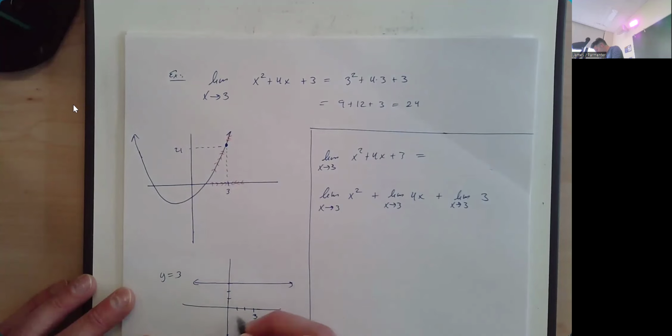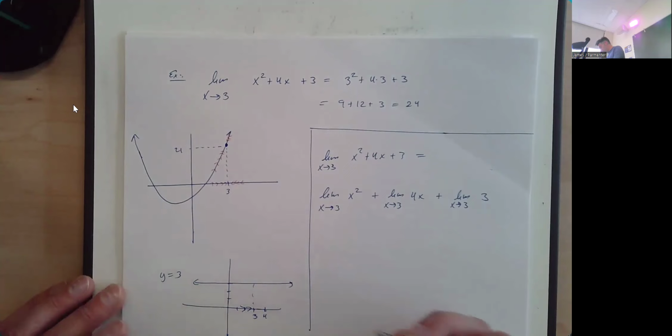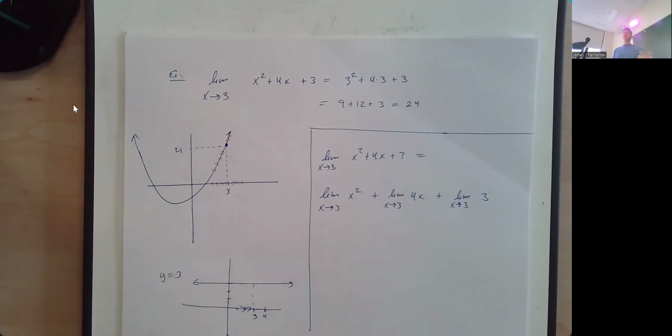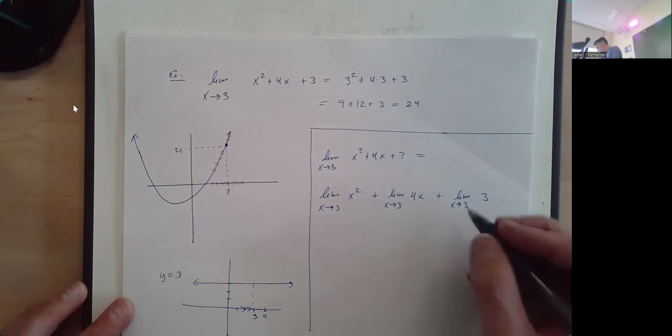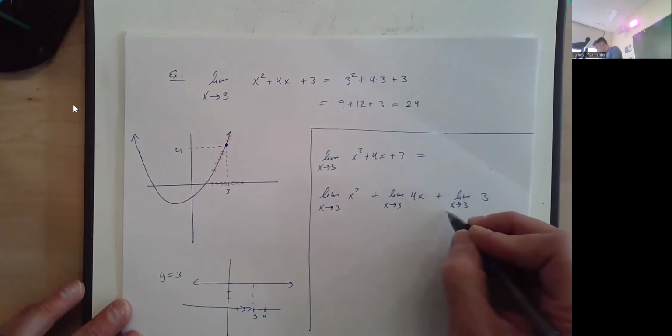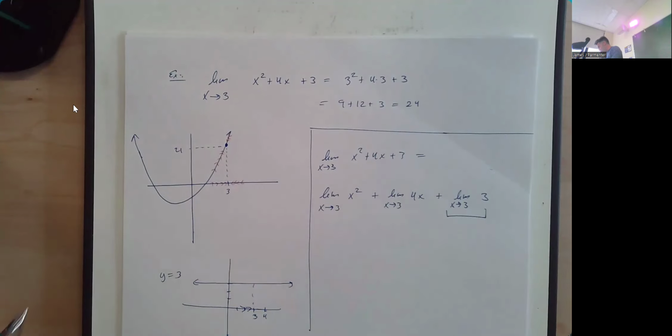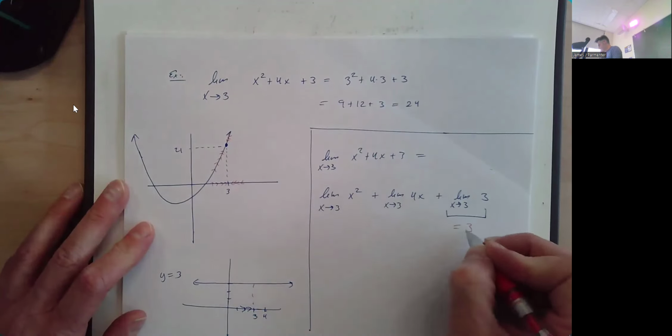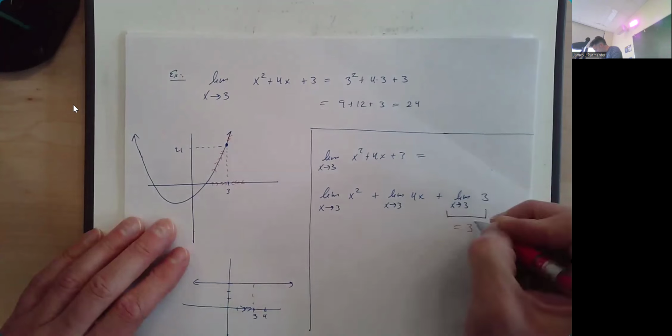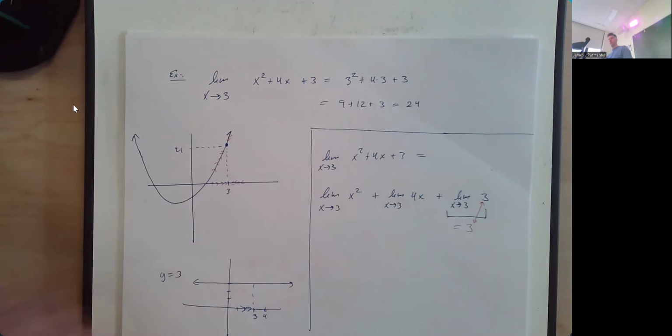It could be 3 or 4 or anything. The y values don't even start getting closer and closer to 3. They're just 3 the whole time. So as x gets close to whatever it's getting close to, the y values are staying at a constant value of 3. So the limit law is that the limit of a constant is just going to equal that constant. Just to be extra clear.